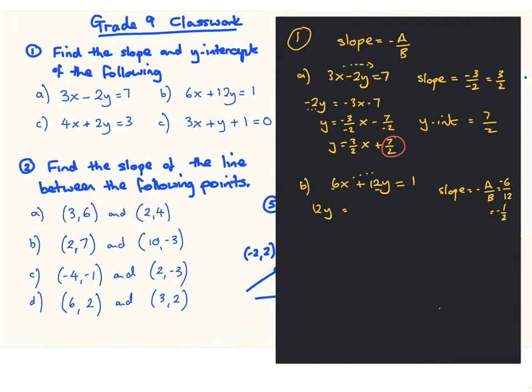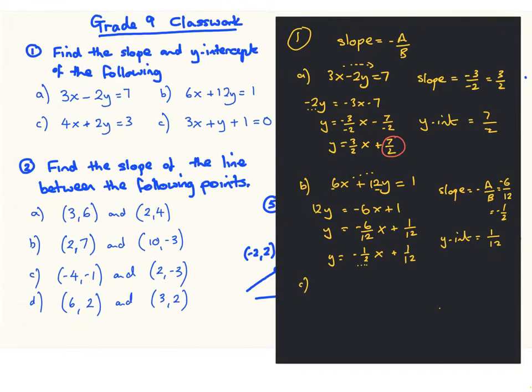Take the 6x over, negative 6x plus 1, divide by 12, so we get negative 6 over 12x plus 1 over 12, and simplify 6 over 12, we get negative 1/2x plus 1 over 12. So the slope is indeed negative 1/2, and the y-intercept is 1 over 12.